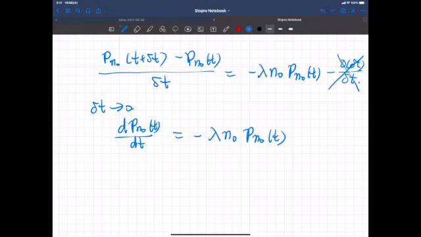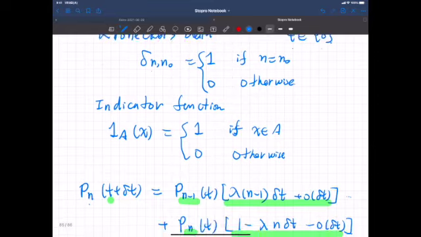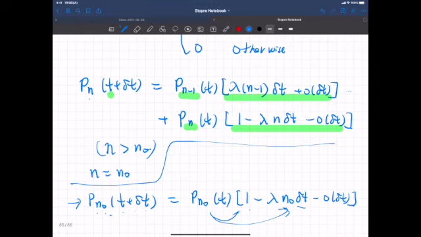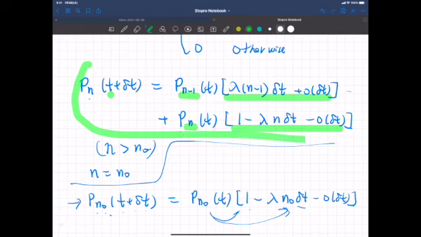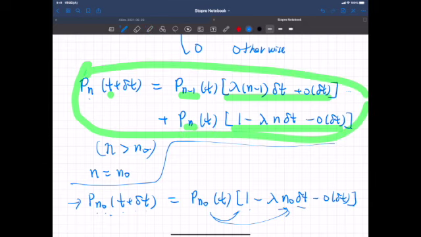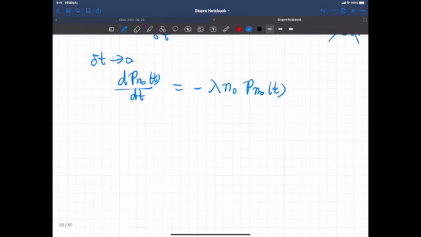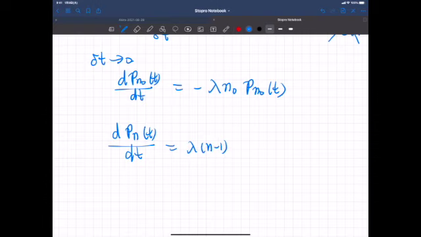And if you apply the same procedure to the first equation, then you should have, I leave the details to you, it's an exercise, lambda n minus 1 P n minus 1 of t minus lambda n P n of t.